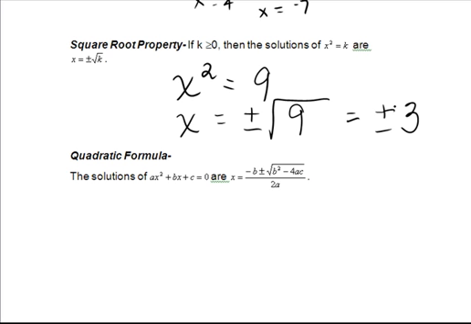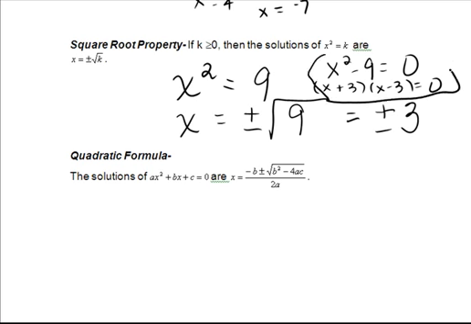So our x would be plus or minus 3. Now notice we could have solved this by factoring, simply by subtracting the 9 from both sides, and then we notice this is a difference of squares. So we could have solved it by that first method. But if it's set up like this, very often it's easiest just to take the square root of both sides.